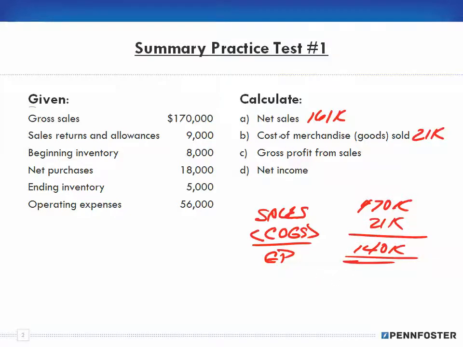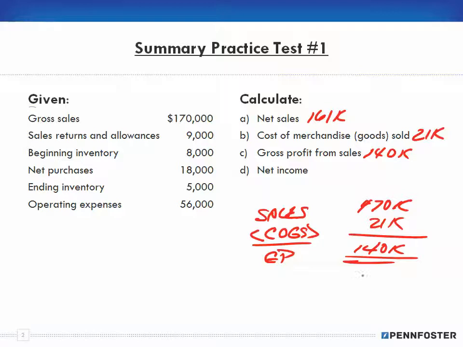So that is how much the gross profit from sales is. If all I was being asked was my gross profit, I'd say 140,000. But remember, that is the profit you made on the sale of the item you're in business selling.